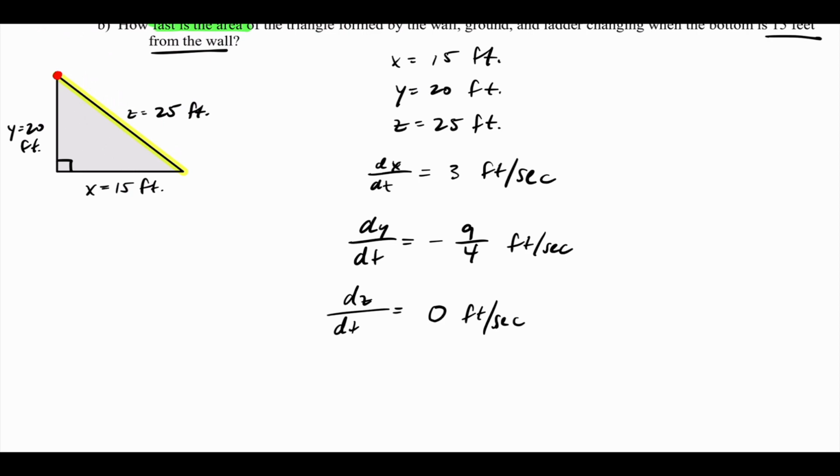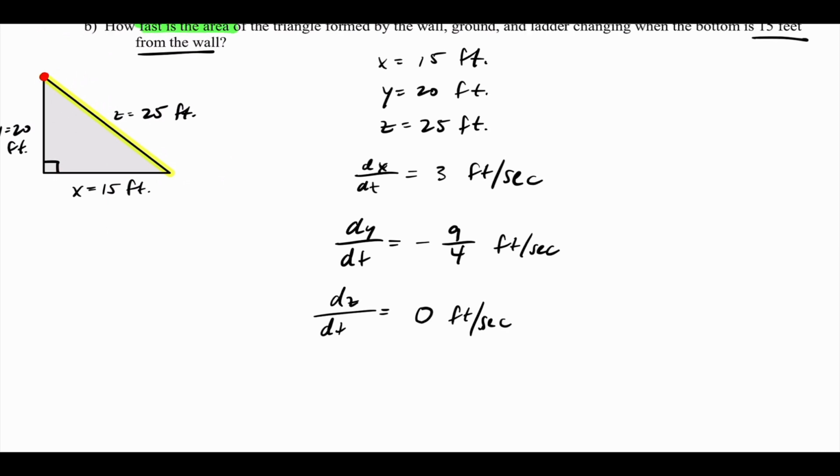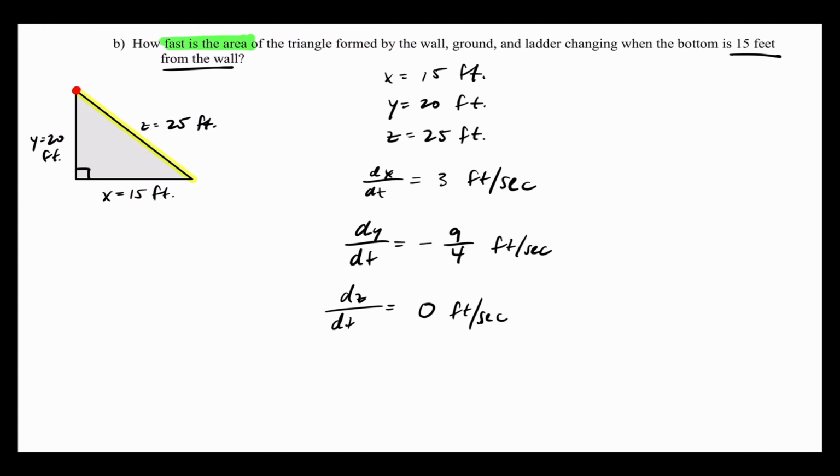It won't get any longer or smaller. Okay, but as the red dot comes down, that's going to make the bottom get bigger and the wall get smaller. All right. So that's all the info from the last question.